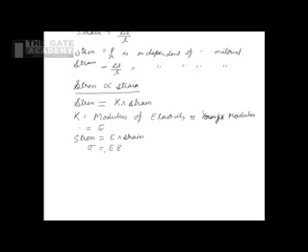So the relationship is sigma equal to E times epsilon. Now this is the relationship for normal stress. And E is a material constant.